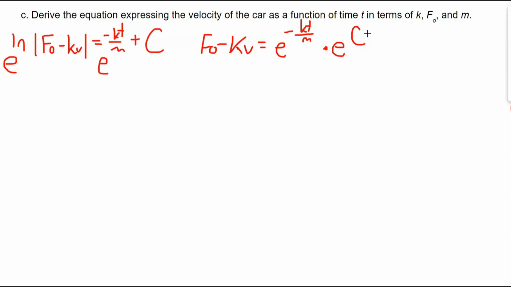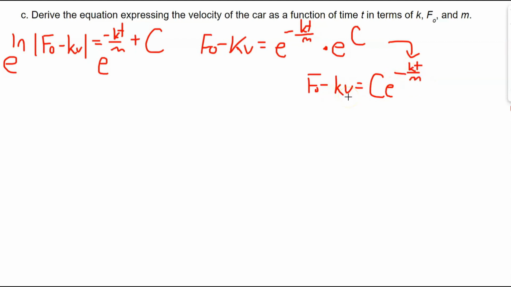And as I said before, when you manipulate the constant of integration with another constant, and Euler's number is a constant, the result is still going to be the constant of integration. So e to the power of c is just c. So really, this just results in f sub naught minus kv equals c e to the negative kt over m.